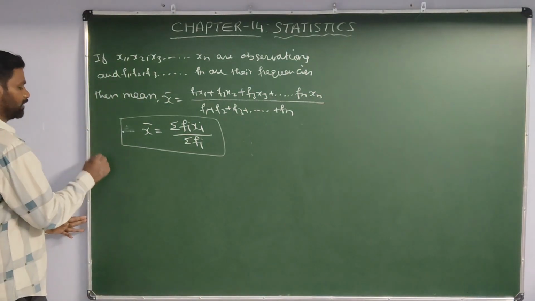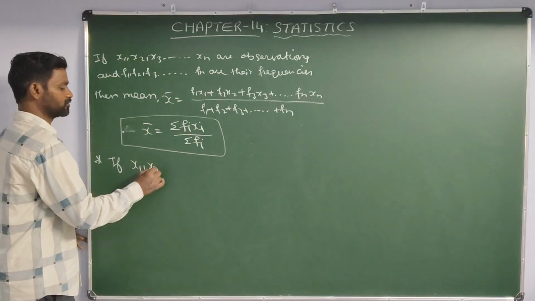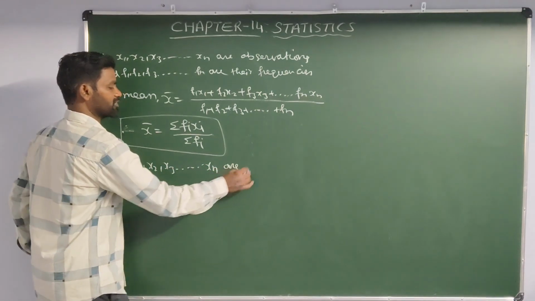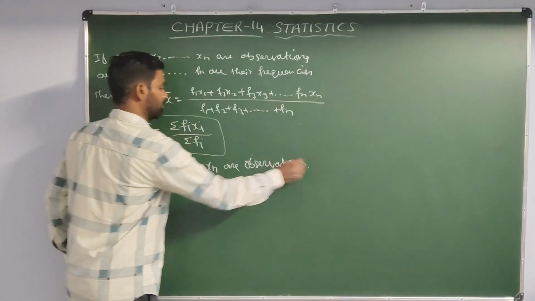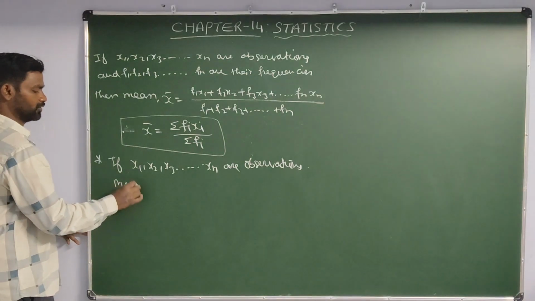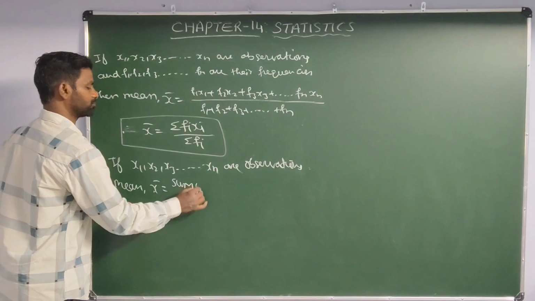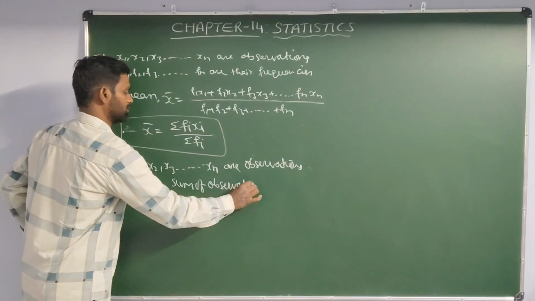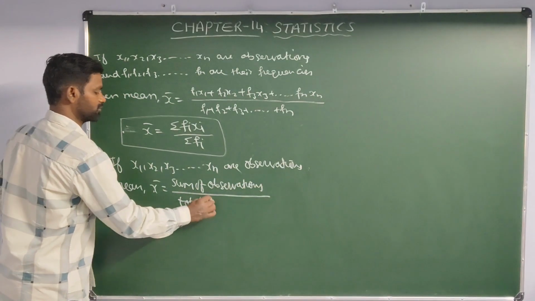For example, if only observations are given, if x1, x2, x3, and so on up to xn are observations, then the mean x bar is equal to the sum of observations divided by the total number of observations.